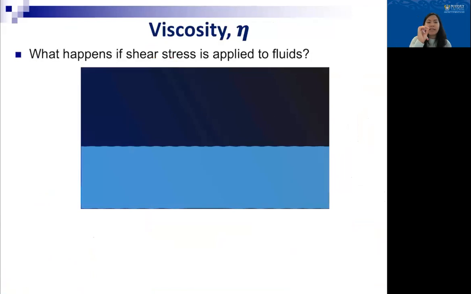We don't see the individual particles or molecules making up the fluid, unlike the pages of the book that we can easily see in the previous example. But this cartoon video that I'll show you shortly sort of shows us how the particles or molecules in the fluid behave if we apply a shear stress on the fluid.